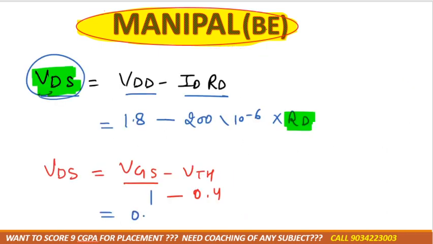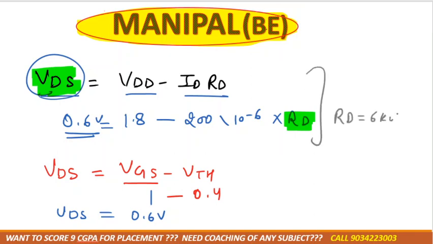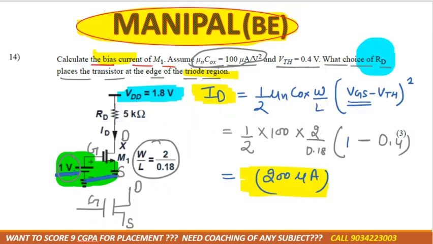So VDS we got as how much? 0.6 volt, correct? So we can put the value of 0.6 volt here. Then after solving, we'll get the RD as 6 kilo ohm. This is about the MOSFET numerical, which is also from your midterm September 2020.